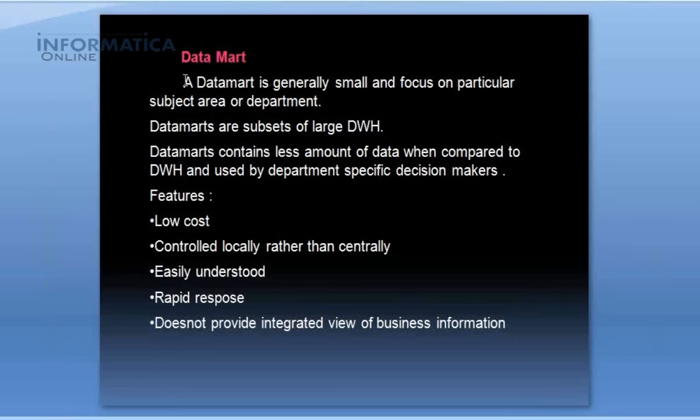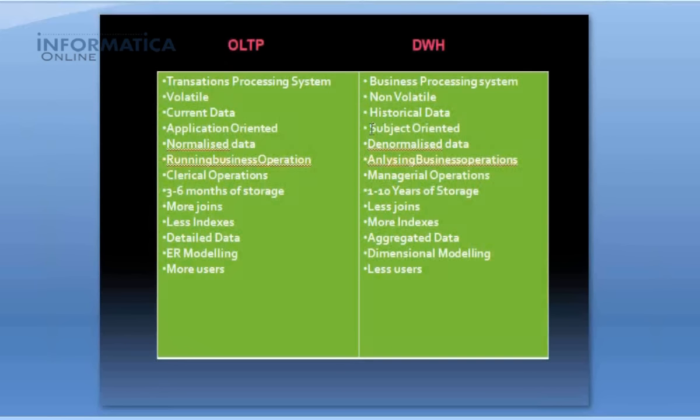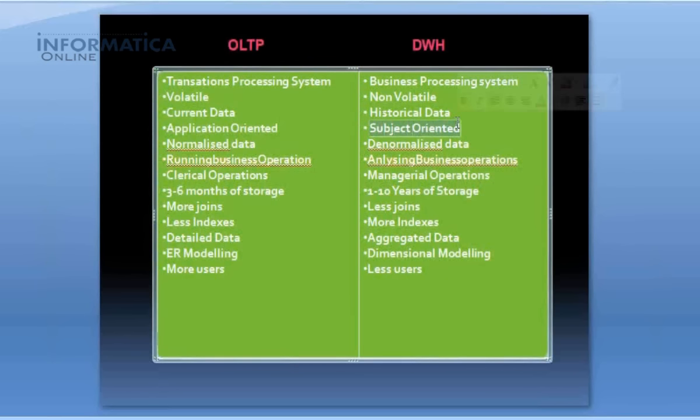On the previous slide I said that the data warehouse is subject oriented. Subject oriented means the data in the data warehouse is categorized according to different subject areas, like the sales subject area, finance subject area, marketing subject area, likewise. In the same way, we can build a data warehouse on a single subject area called sales, where it contains all the sales related information.